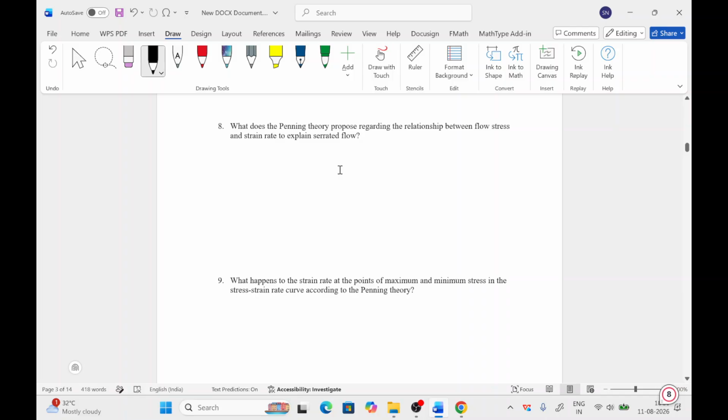Pinning theory is the concept of flow stress versus strain rate that describes the phenomena of why serrated flow happens during the deformation.